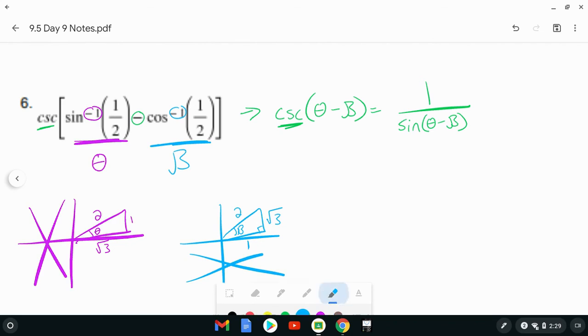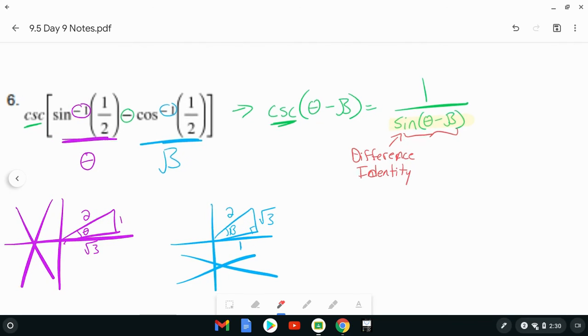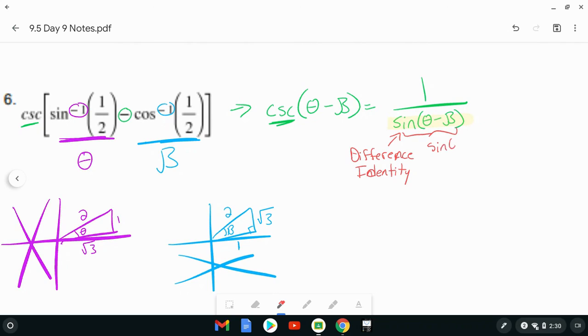Hopefully at this point, there's a lot of bells going off stating that this is a difference identity. Sum and difference. So if we just look at the denominator, we know that this can be rewritten as sine of theta cosine of beta minus sine of beta cosine of theta.